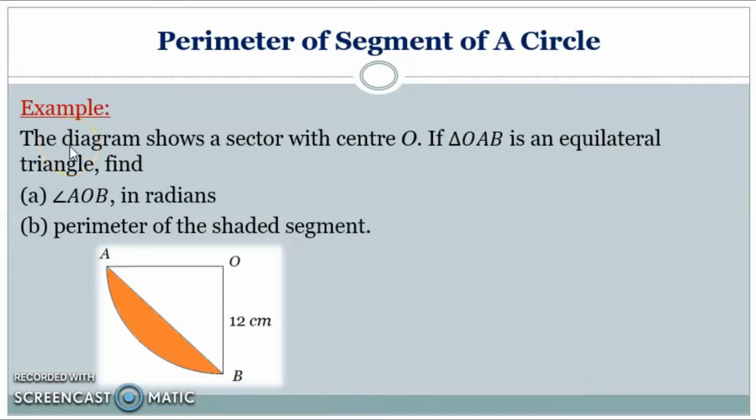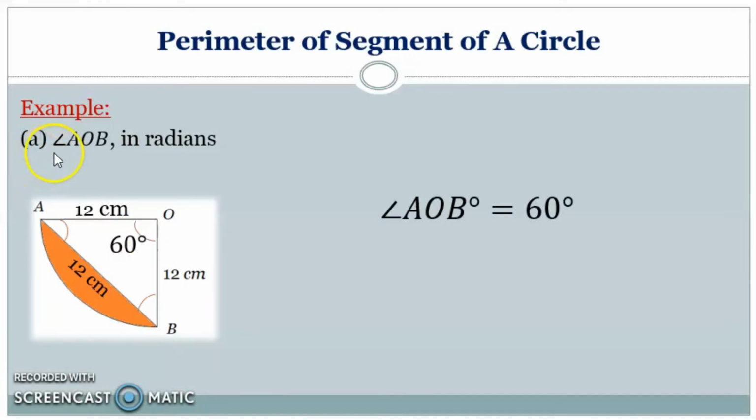Let us try one example together. The diagram shows a sector with center O. If triangle OAB is an equilateral triangle, find A, angle AOB in radians, and B, the perimeter of the shaded segment. For part A, since triangle AOB is an equilateral triangle, angle AOB is equal to 180 degree divided by 3.